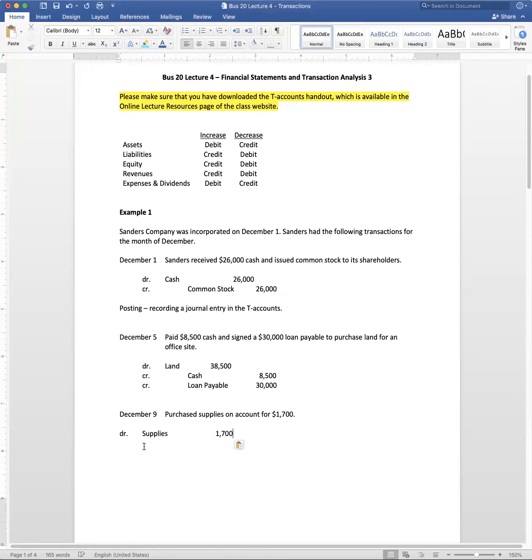So let's put that in. And of course, we didn't pay cash, we purchased them on account. Now, since we're going to pay for this, that's accounts payable. That is a bill, that's debt. So we're going to have liabilities and we have more debt. So accounts payable are going to be our credit.